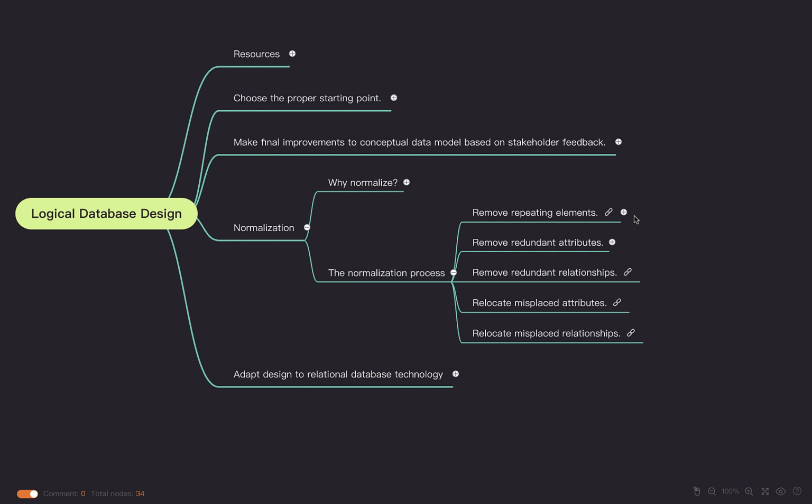It's just not the relational way. Okay. Next, remove redundant attributes. Next, remove redundant relationships. Next, relocate misplaced attributes. Last, relocate misplaced relationships.